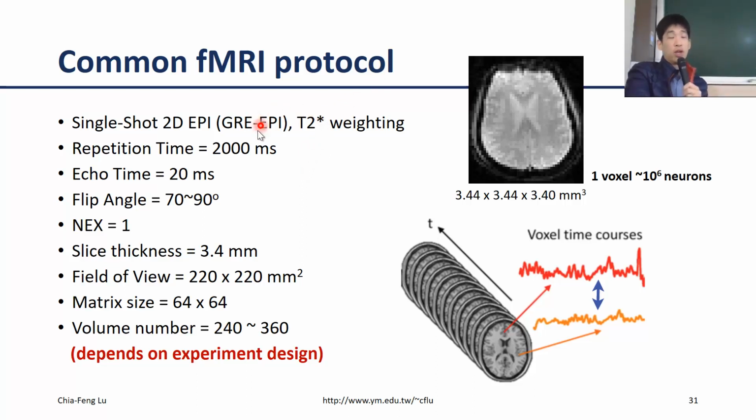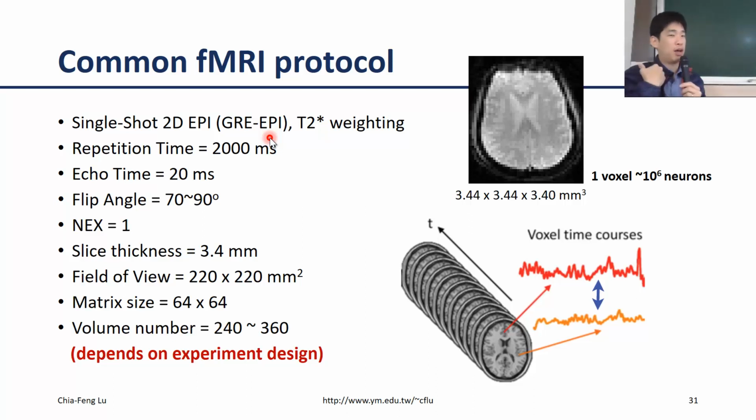Normally we will use the gradient echo, this kind of pulse that we use in MRI, gradient echo with EPI. EPI, the full name is echoplanar imaging. It is a fast imaging technique that can acquire the whole MRI data within one excitation.